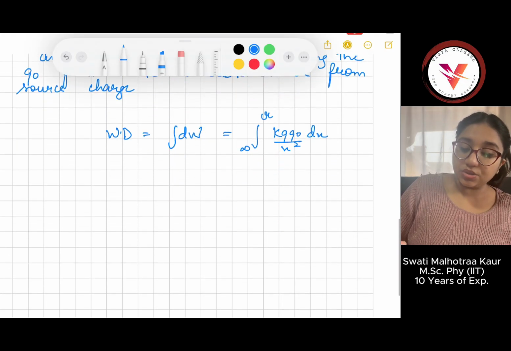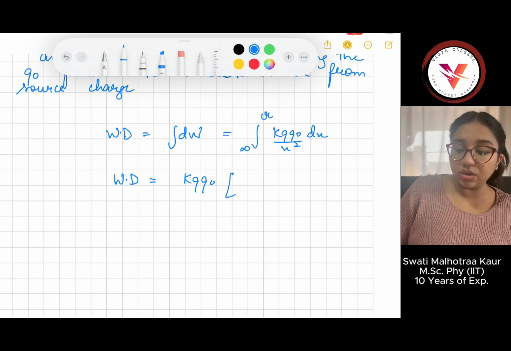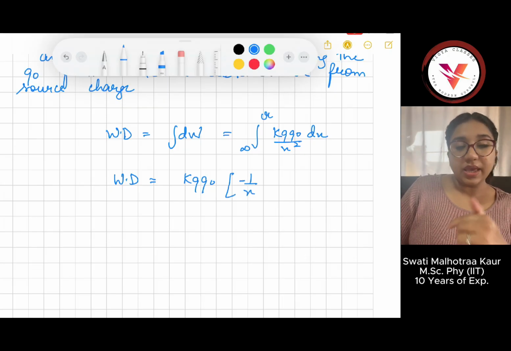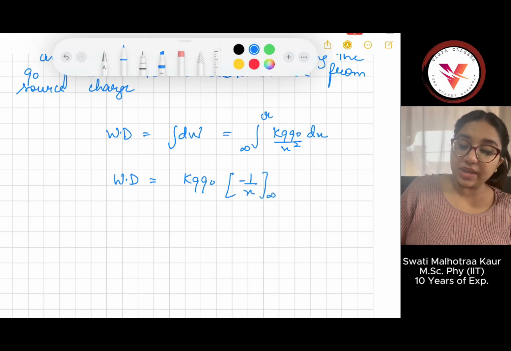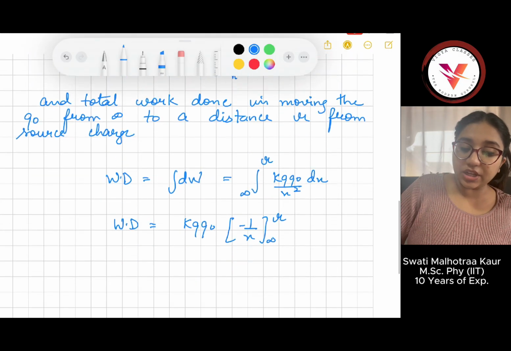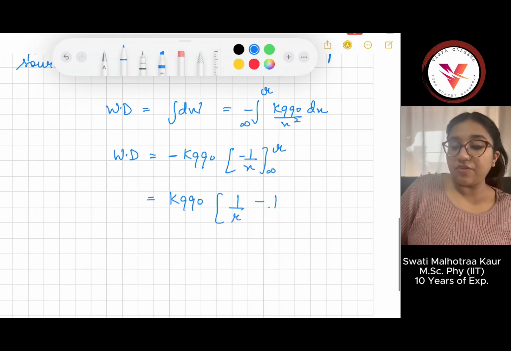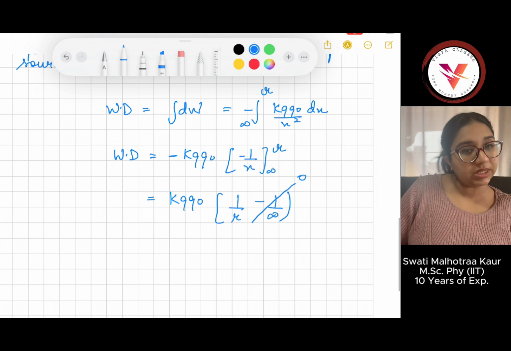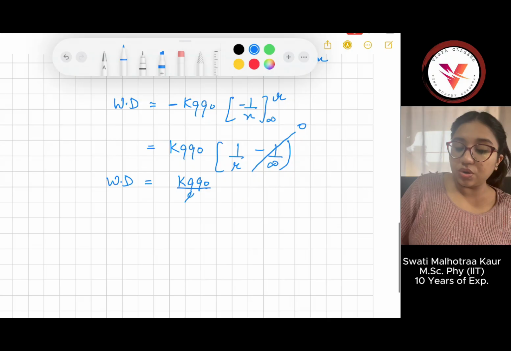K Q naught is a constant; integrate 1 by x square dx and we get x raised to the power minus 2 plus 1 upon minus 2 plus 1. So it will be minus 1 by x from limit infinity to r, and we have a negative sign already there. So the one negative is there, then it would be K Q naught times 1 by r final minus 1 by infinity initial. This term is 0, 1 by infinity is 0. So the work done would be K Q naught by r.